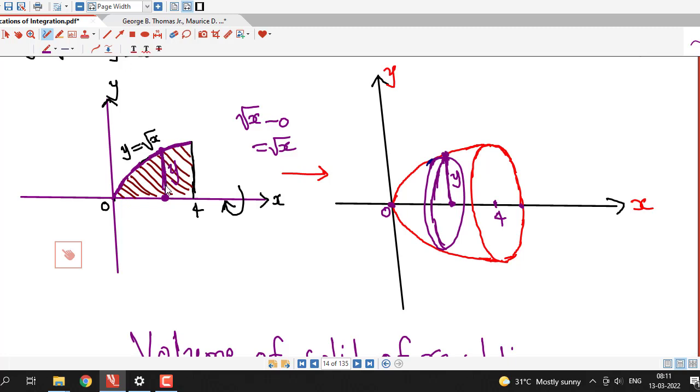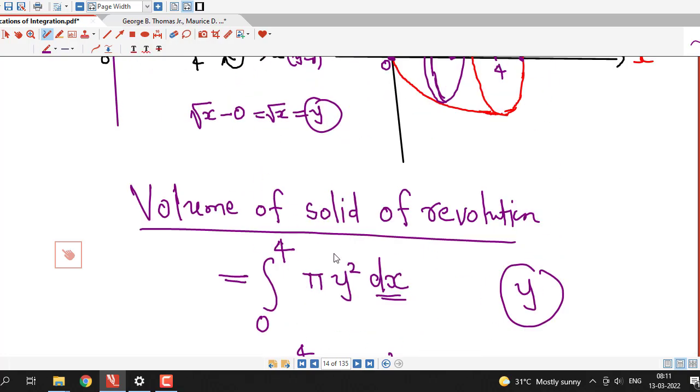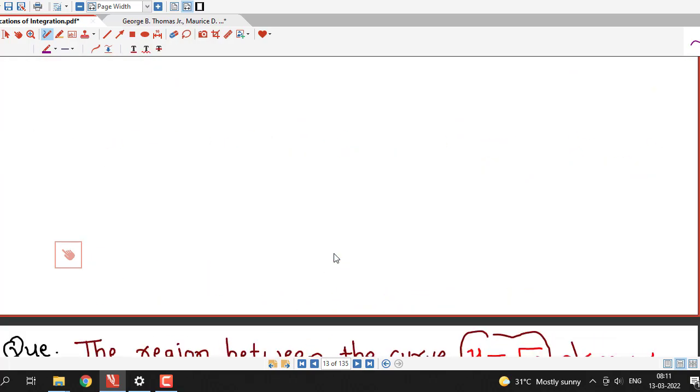You can easily find out the radius of the disk generated by considering the distance between the axis of revolution and this graph on the top. So the difference between these two is square root of x minus y equal to 0, that is under root x, and this is going to be the radius of the circular disc. So in this way we can easily compute the volume of solids of revolution.